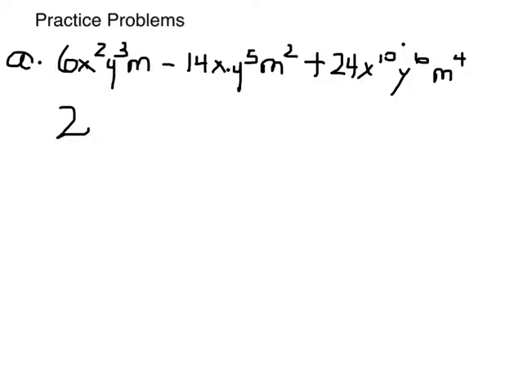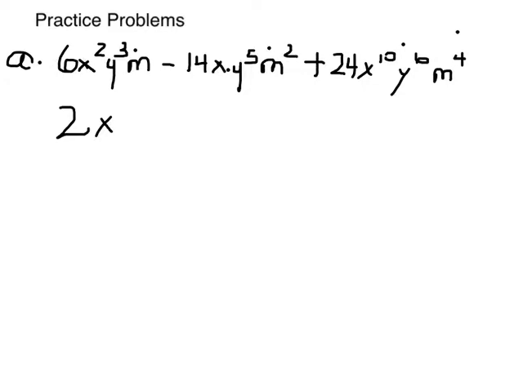What we need is the largest one that will go into all 3. Well, x to the first power will only go into itself, so I can only use the x one time. Here I have y cubed, y to the 5th, and y to the 6th.